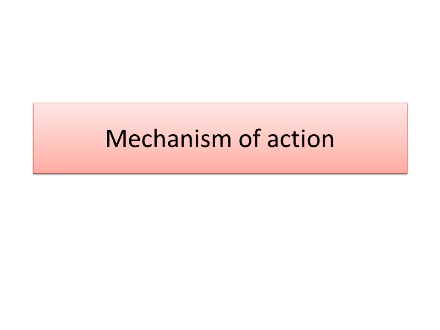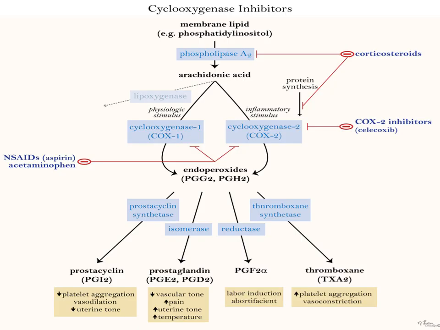Coming to the mechanism of action of non-steroidal anti-inflammatory drugs. Observe this flowchart. It indicates the sequence of steps involved in the formation of inflammation and pain. Whenever there is a rupture in the cell membrane, there is activation of an enzyme, phospholipase A2.